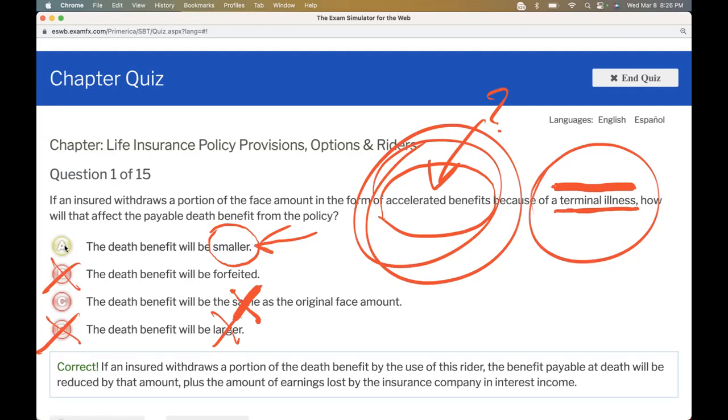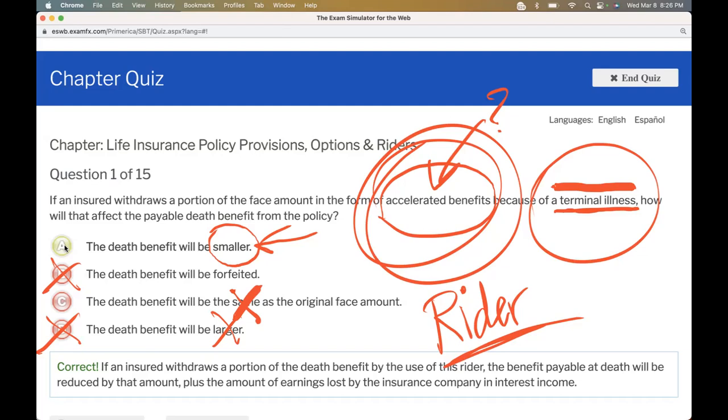It's a rider, okay? I'm going to write it down right here. The accelerated benefit is a rider. What is a rider? A rider is something that you add into the policy as something extra, like a benefit, an extra benefit on top of the regular benefit, which is if you die, the insurance company pays.